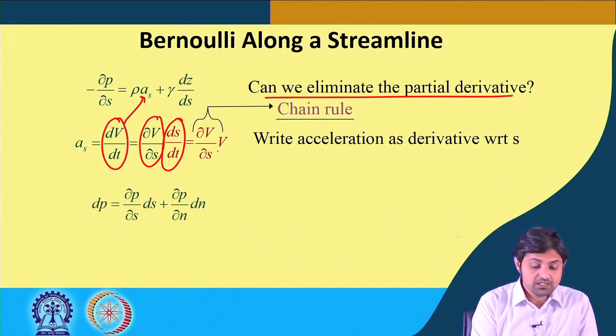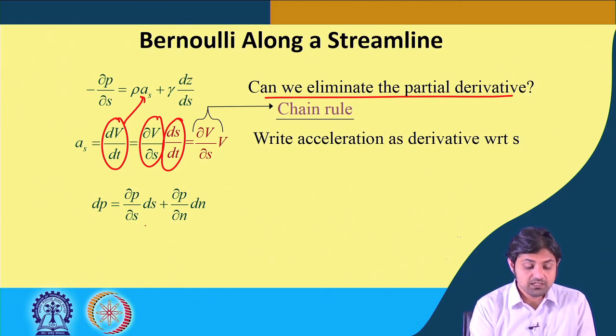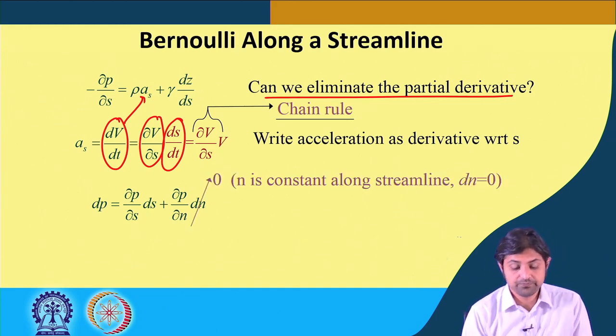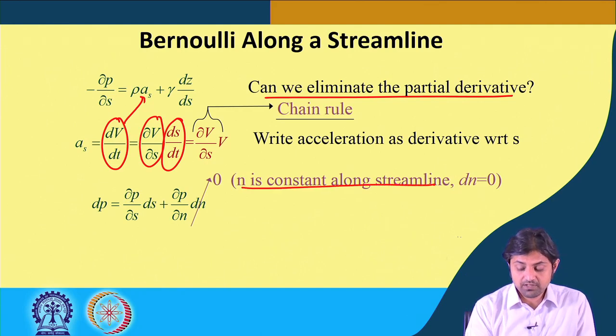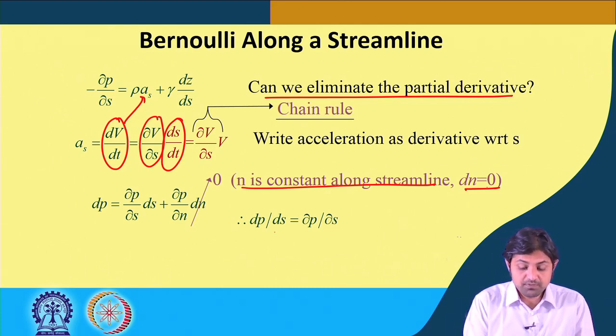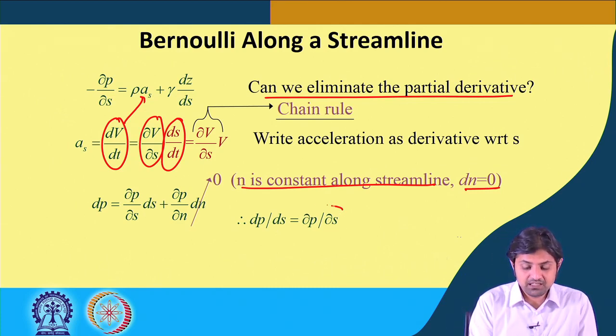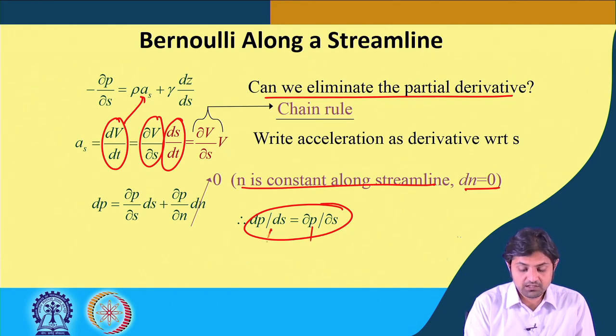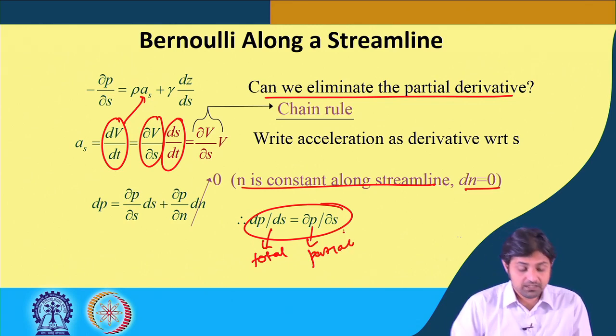The total change in pressure can be written as dP equals del P del S into ds plus del P del N into dN. N is constant along a streamline, so dN is equal to 0, therefore this term goes. So dP by ds can be written as del P del S. Now this is the total and this is the partial derivative, which is why we are able to write this.